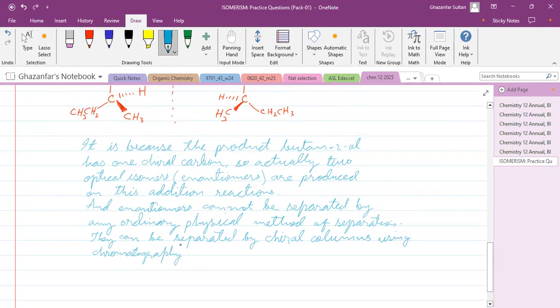So actually you have to perform column chromatography with chiral carbon atoms. So one of the enantiomers can be separated while others later on.